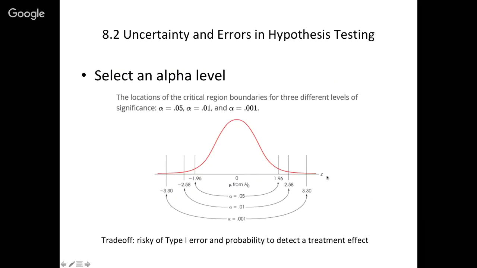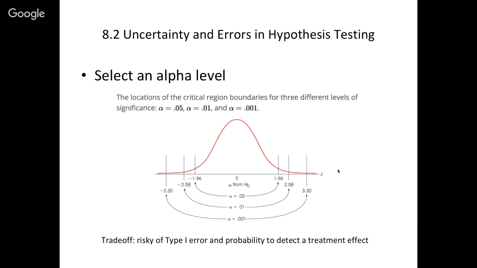But if we choose a very conservative alpha level, for sure we have a lower risk of type 1 error, which means we have a lower probability that an extreme value sample will be obtained. But in this situation, it's very hard to detect a treatment effect. Only when the treatment effect is very significant, meaning the sample mean after treatment is very far from the original population mean before treatment.